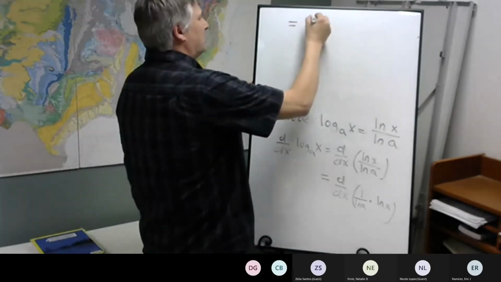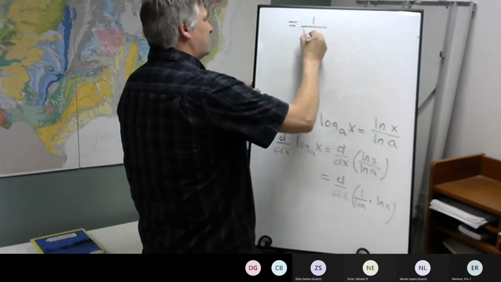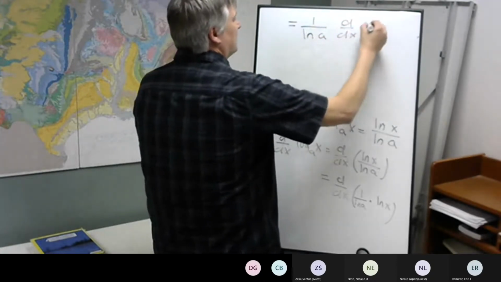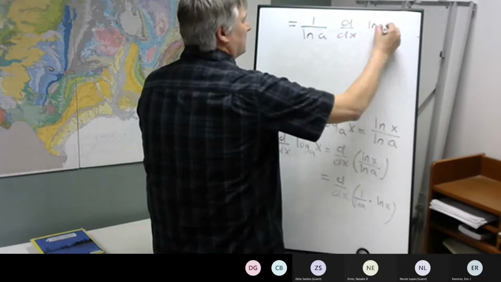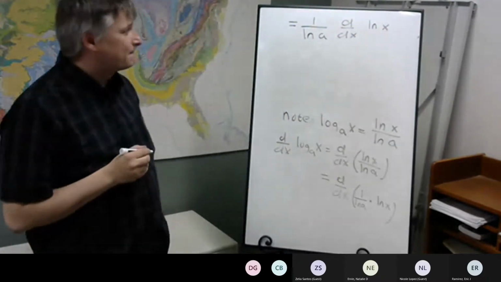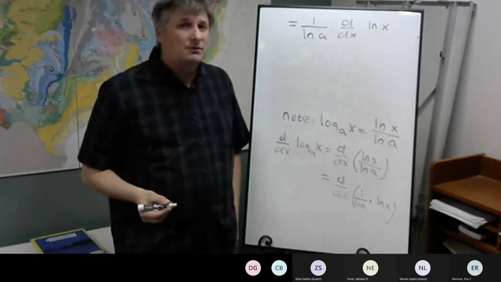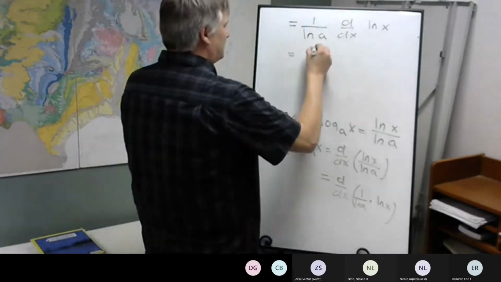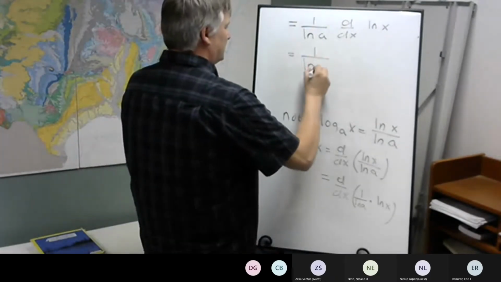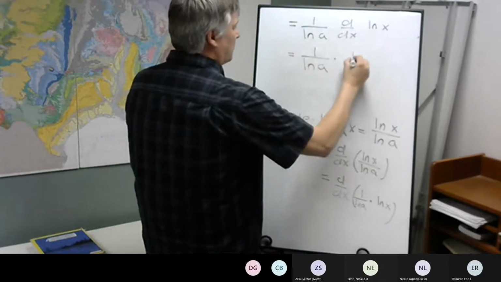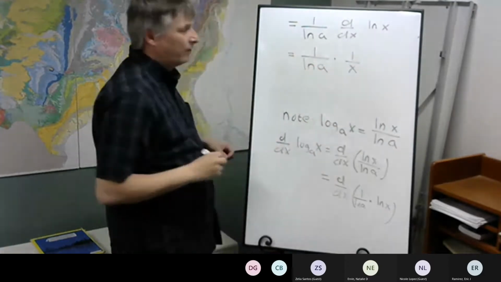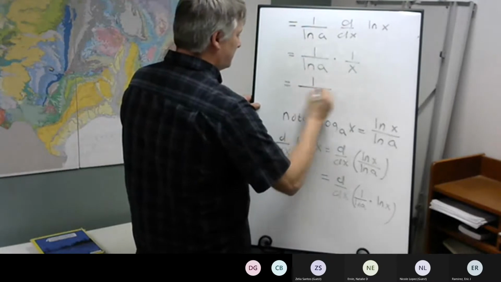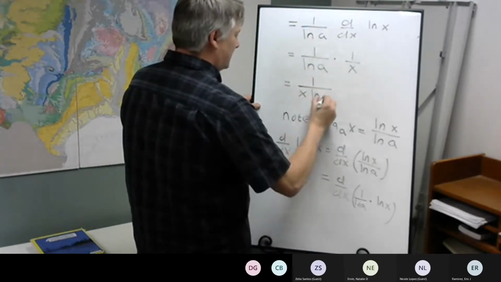So this will become 1 over the natural log of a times d dx of the natural log of x. Now we know what the derivative of the natural log of x is. This is 1 over the natural log of a times 1 over x. Or put another way, it's going to be 1 over x natural log of a.